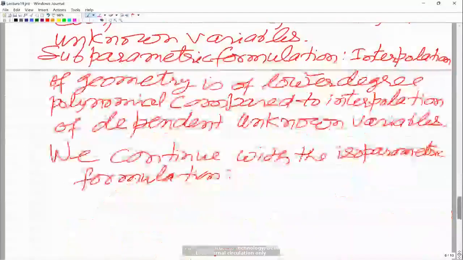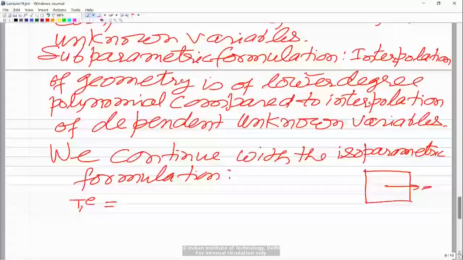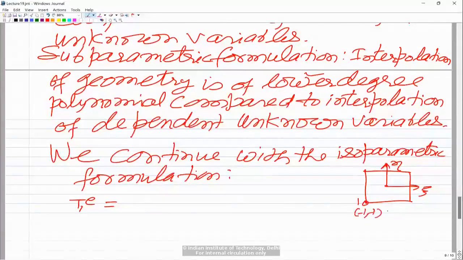So now if we look at T1e, it is the value of temperature at node 1. And at node 1, let me write again, in the natural coordinate space this is xi and this is eta. So this is node 1, coordinates are -1 and -1. This is node 2, coordinates are 1 and -1.